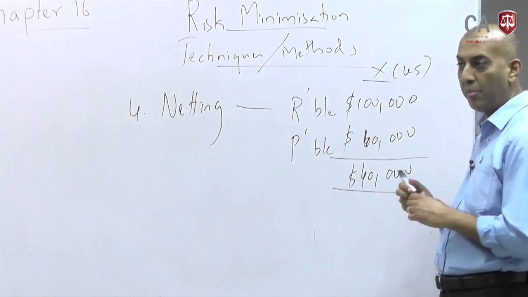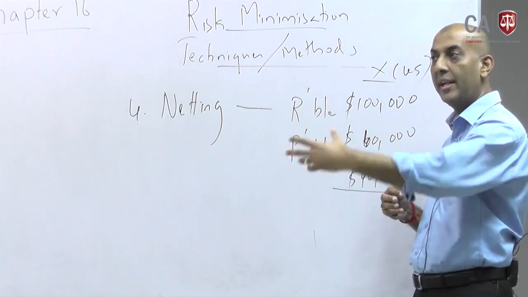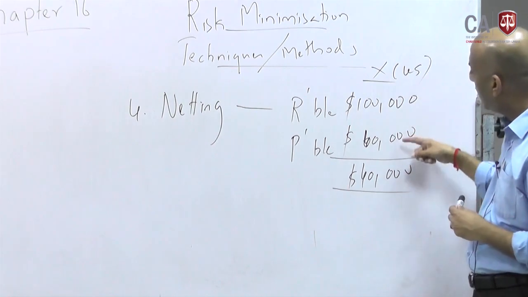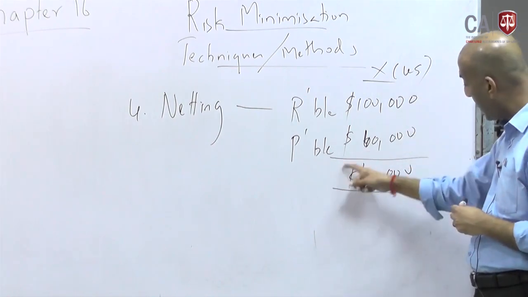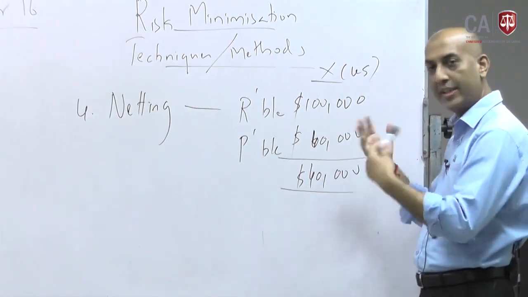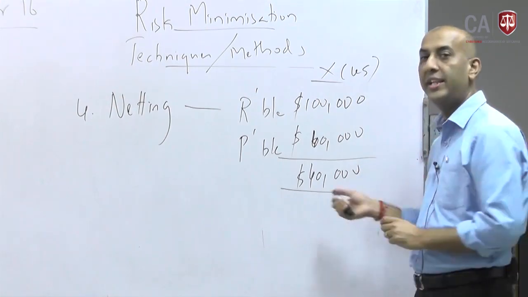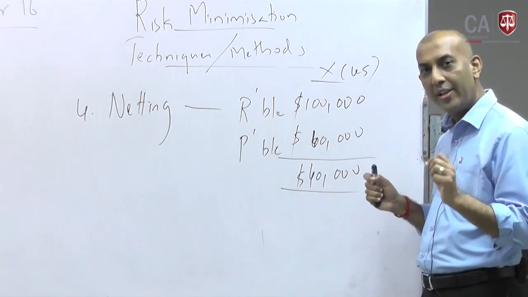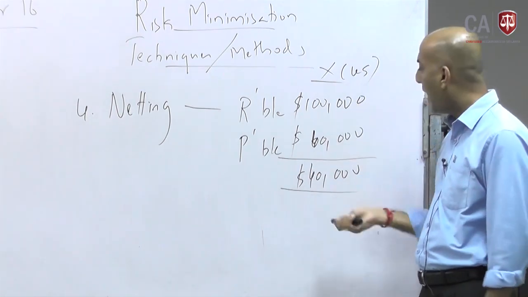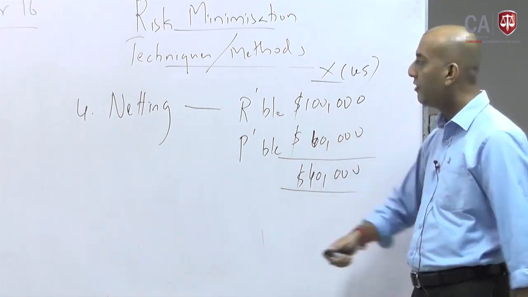So if you are talking about your receivable and payable with one company in another country within the group, you can set off the receivable and payable, take the net amount, and convert and pay, or convert and receive money. Only the net amount will be exposed to the exchange rate risk. You have to convert only the net amount. Otherwise, you have to convert 100,000 separately and 60,000 separately. To avoid that, you can do netting. This is what is called netting.